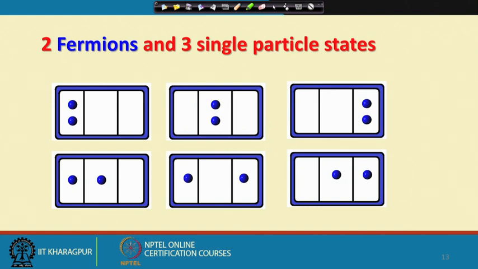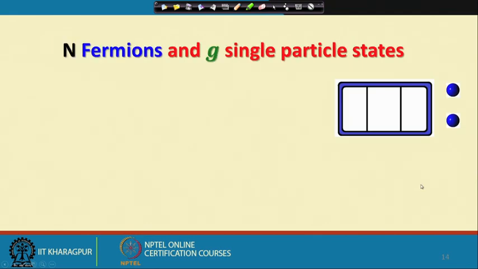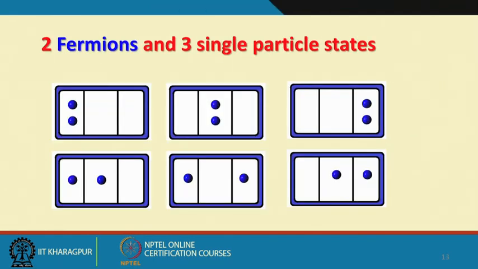Now, for the fermions, you obviously know the rule for any compartment. So, let us now consider a system where there are 3 single particle states and I have 2 fermions to be put in it.